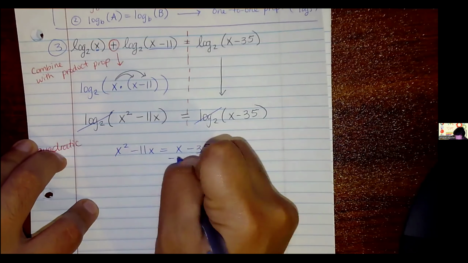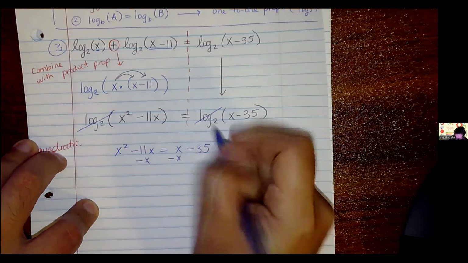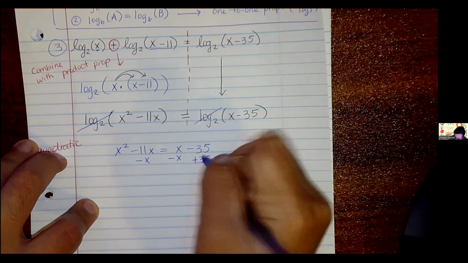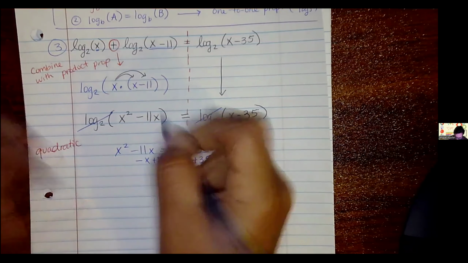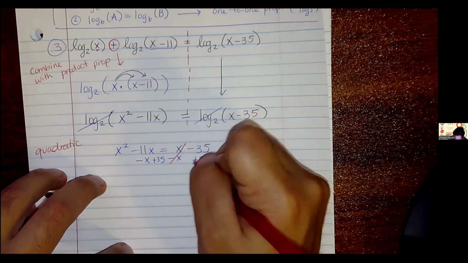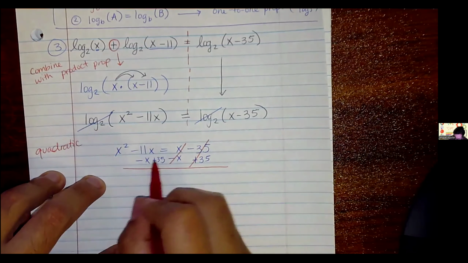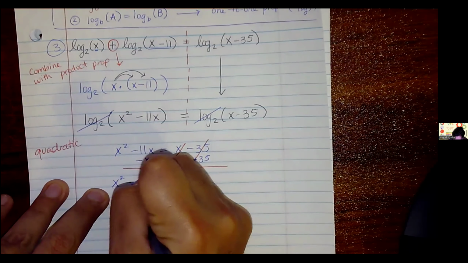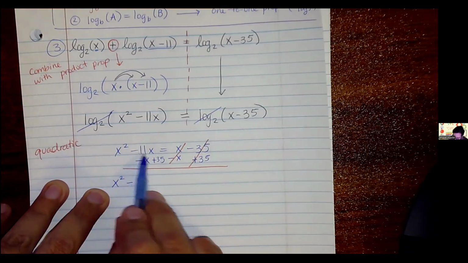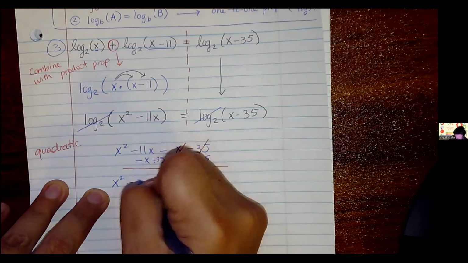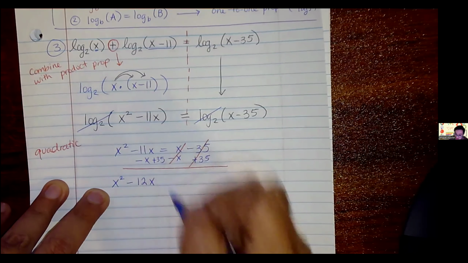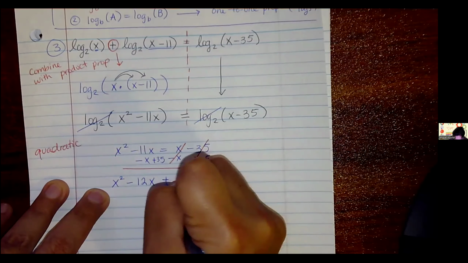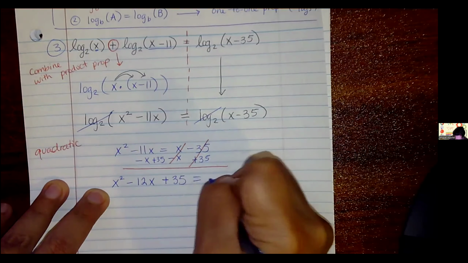But I'm just going to subtract this x here, and I'm going to add 35 here. Cancel these guys out because it's getting kind of messy now. X squared minus, okay, so this is going to be negative 11 minus 1, which should be negative 12x, plus 35 is equal to 0.